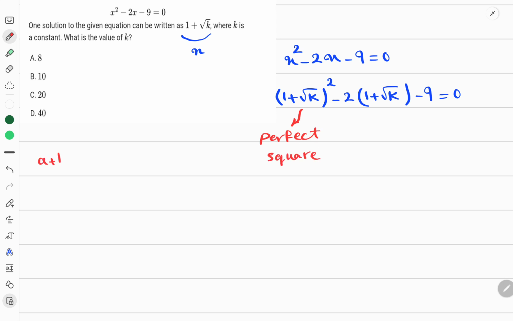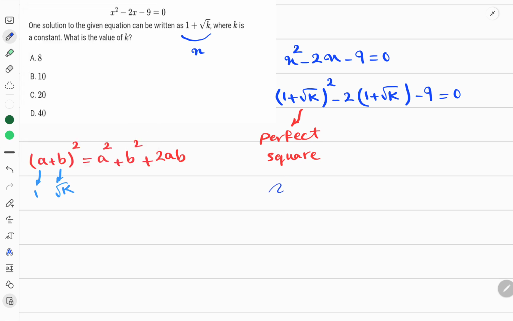And according to this, (a plus b) squared equals a squared plus b squared plus 2 times a times b, and a is 1 here, and b is the square root of k.